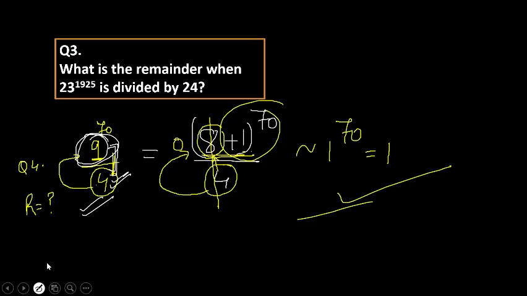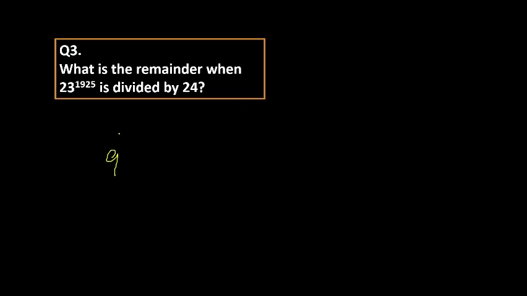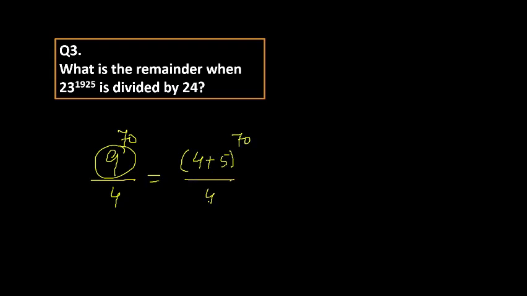But if you do it the normal way, you will find your answer, but it will take many steps. Like if you write it as 4 plus 5, right? It is divisible. This is your answer. Remainder is 5 raised to the power 70, but it is a very big number.